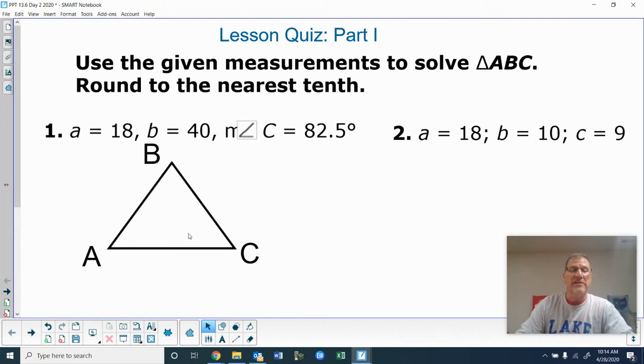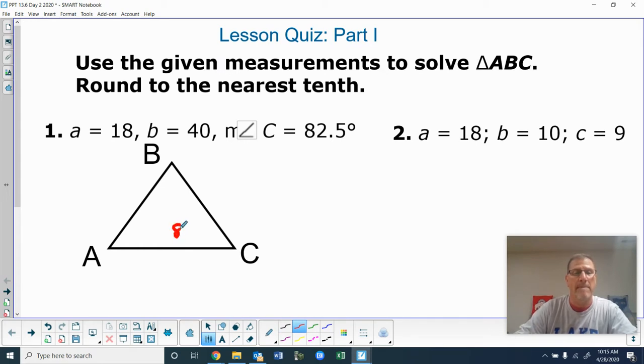All right, so C is 82.5. So we'll put that in here. And side B, opposite or across from angle B, remember, is 40.